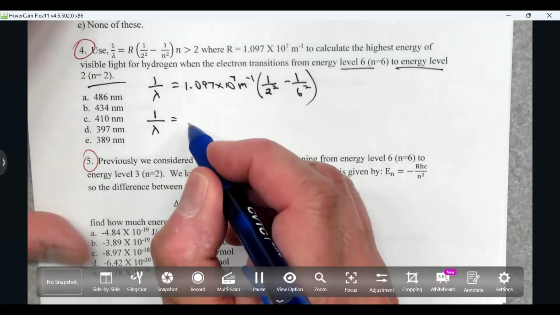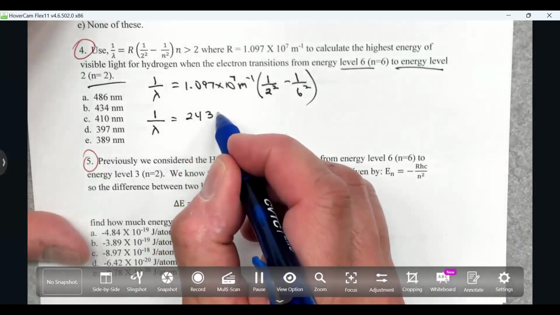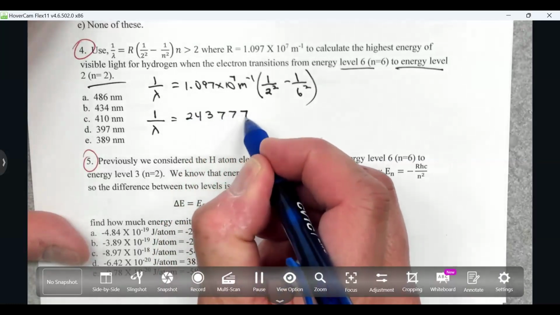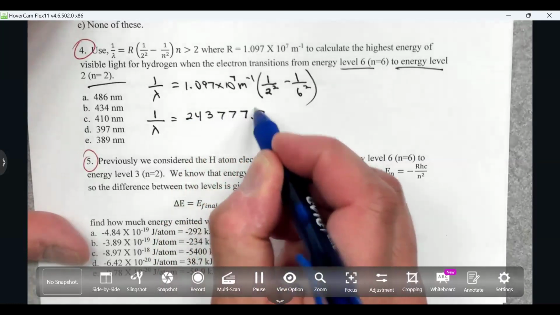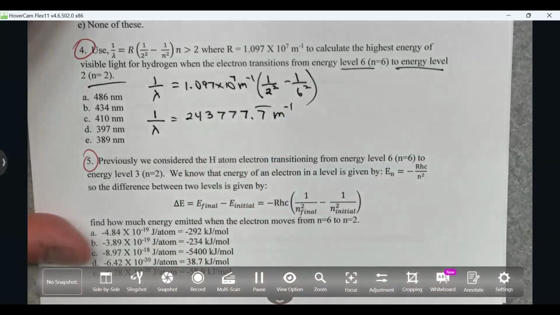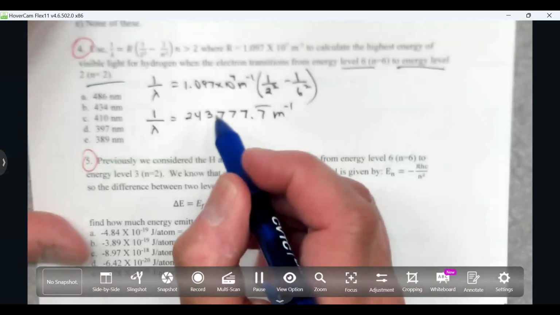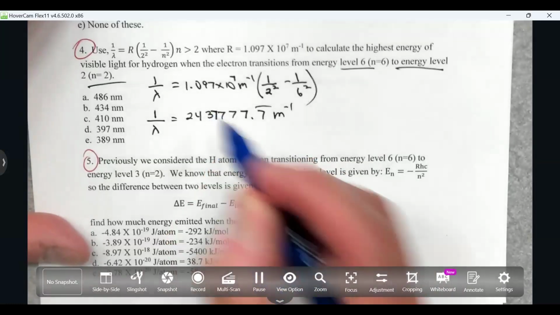We're going to get 2,437,777.7 meters to the minus 1, I believe. Oops, I'm missing a 7. I need 3 7s here.